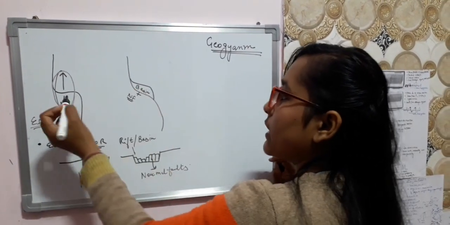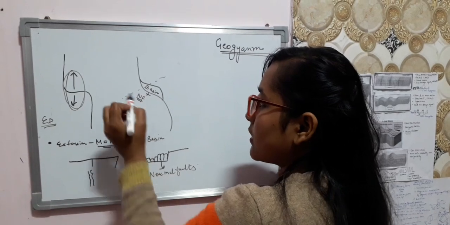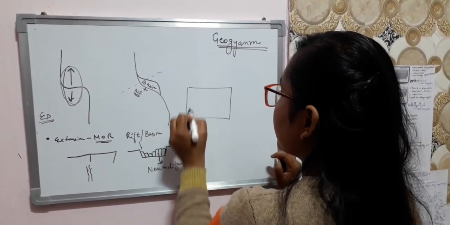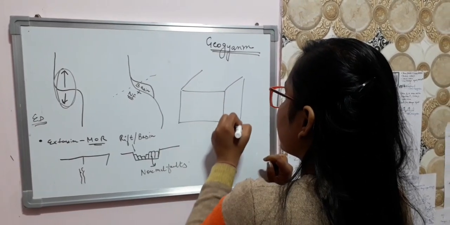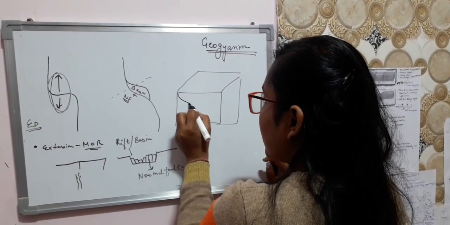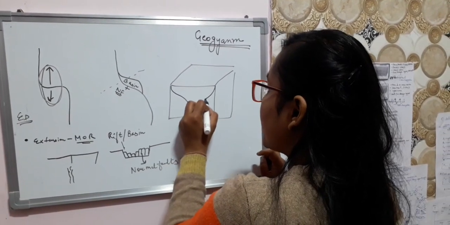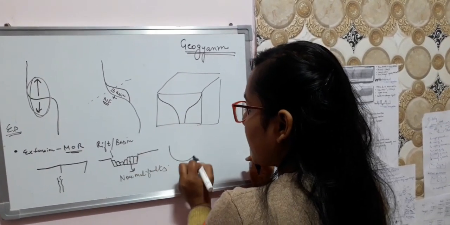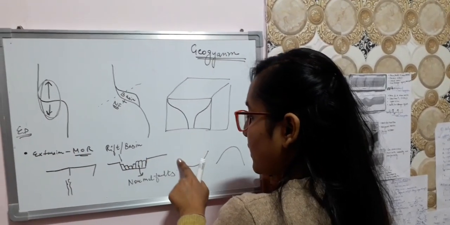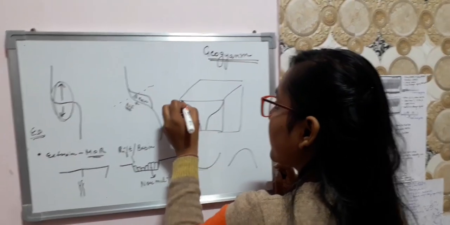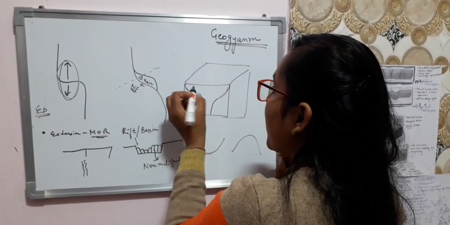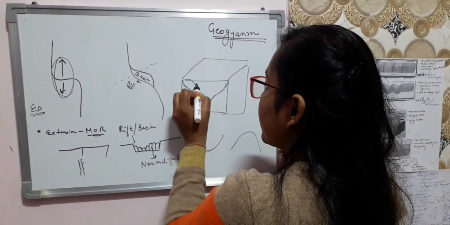And if you take a cross section, how does it look? It will look like this. It will be concave upward because this is concave and this is the convex side. So for the formation of a basin, it has to be concave. Okay, so this is concave upward, and the faults will form like this.